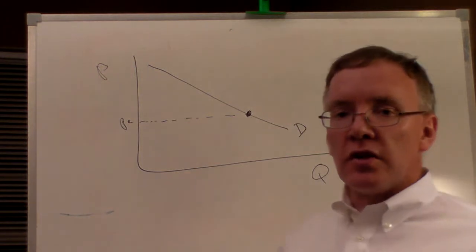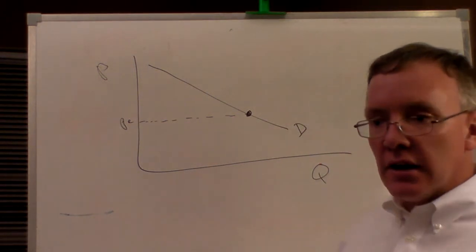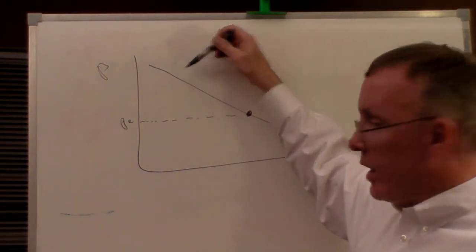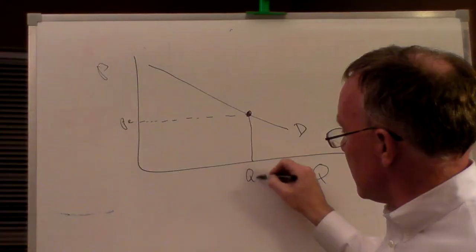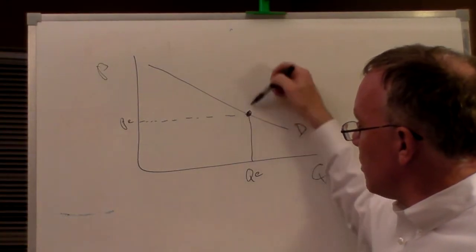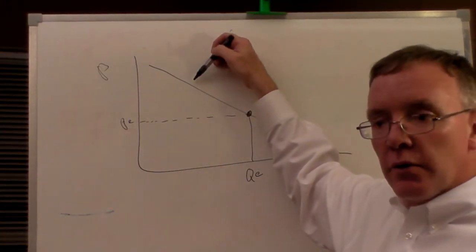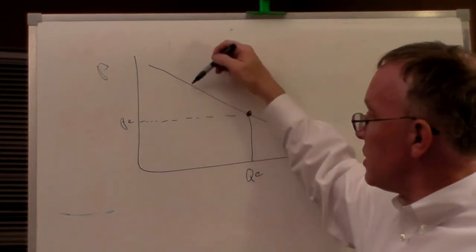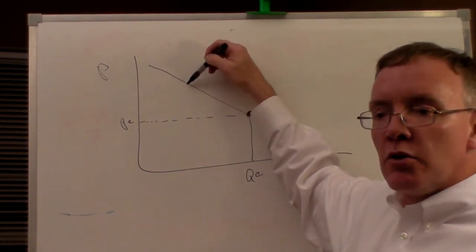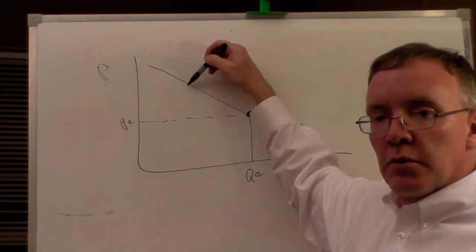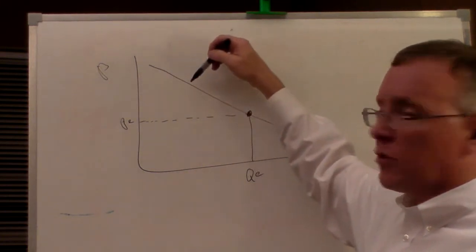But we also know that if the price were higher, we would sell some of the item. We would sell less than the equilibrium quantity. But if the price were higher, we'd still sell some, which means there were some people who would be willing to pay for the item if it were higher.